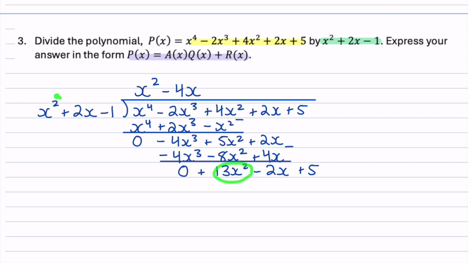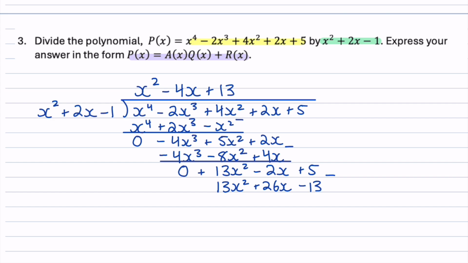13x squared divided by x squared gives me plus 13. And then I do 13 times x squared, which is 13x squared. I have 13 times 2x, which is 26x. And then I have 13 times minus 1, which is going to be minus 13.